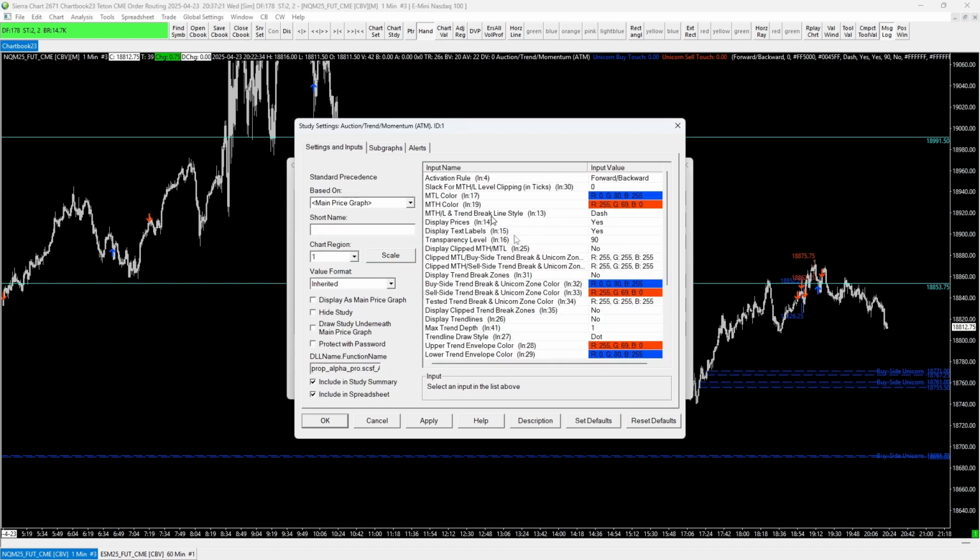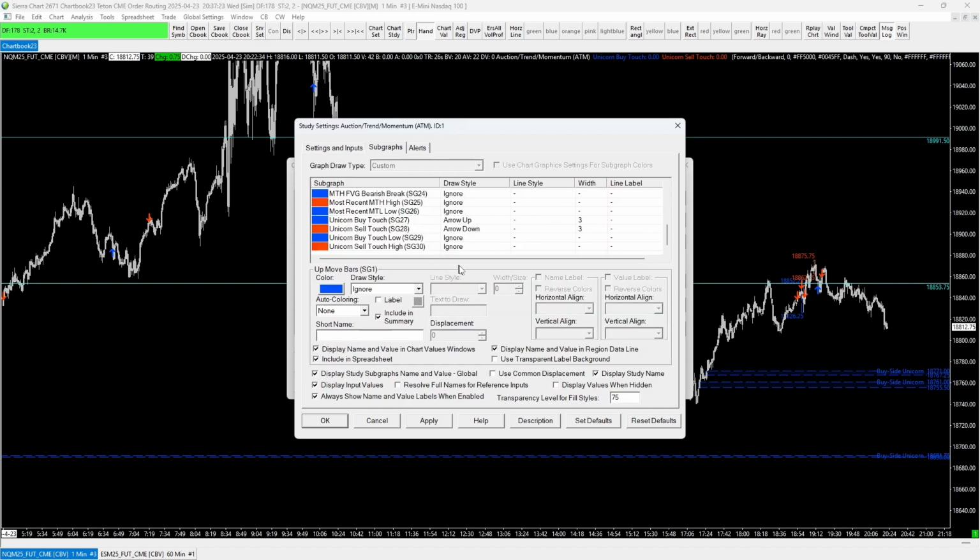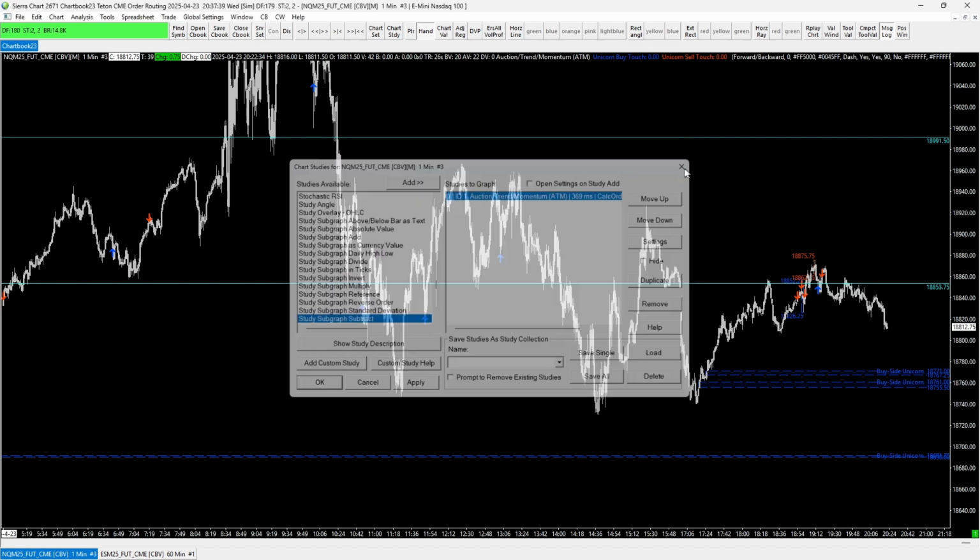So, subgraphs I added here. As with the other zone-based studies, I want the low of the buy zone and the high of the sell zone. I want those to be there so that we can risk off the zone. Although I'm not necessarily sure.